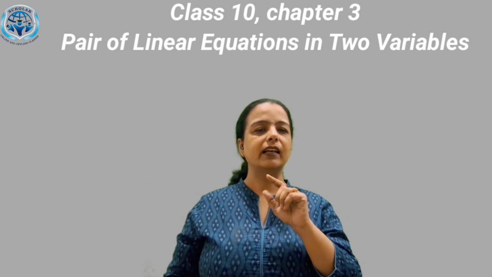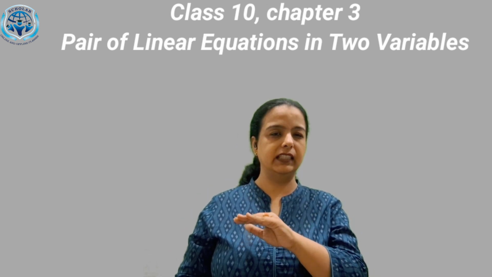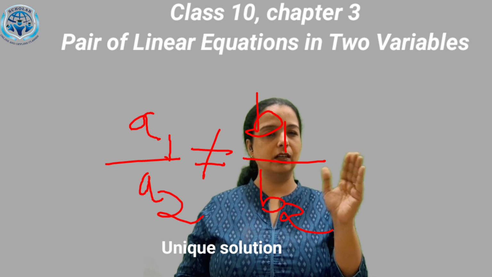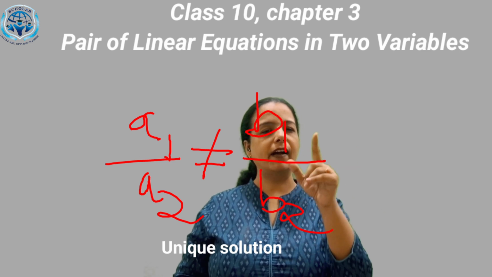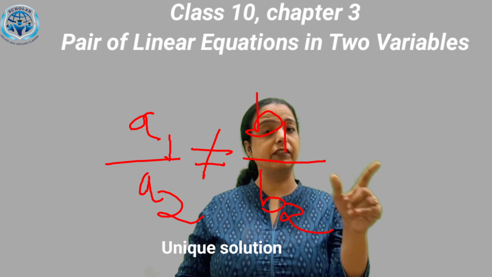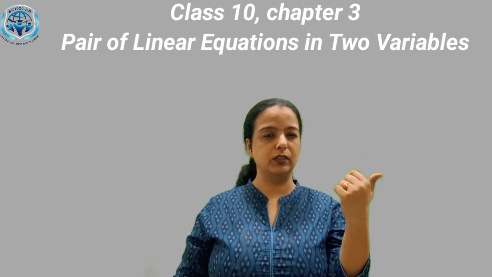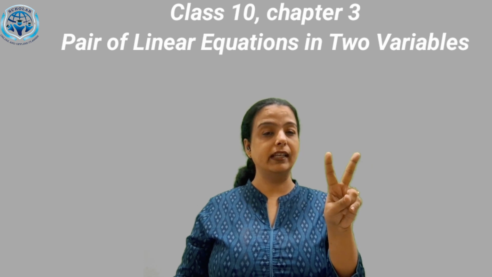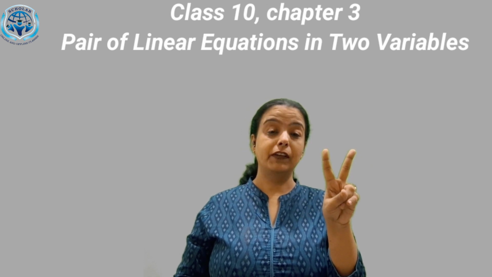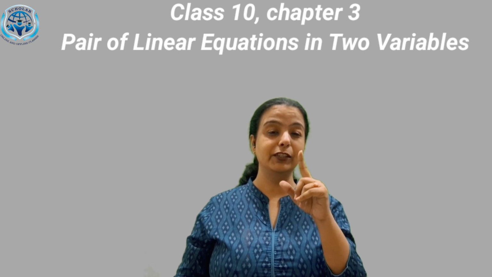Now, if you are finding out what type of equations these are, then by using the coefficients, you need to find out first whether a1 upon a2 is equal to b1 upon b2. If they are not equal, no need to find out the value of c1 upon c2, because if they are not equal, that means the pair of equations is consistent and you will have a unique solution.